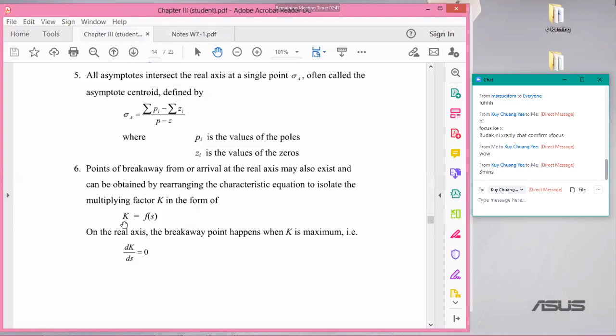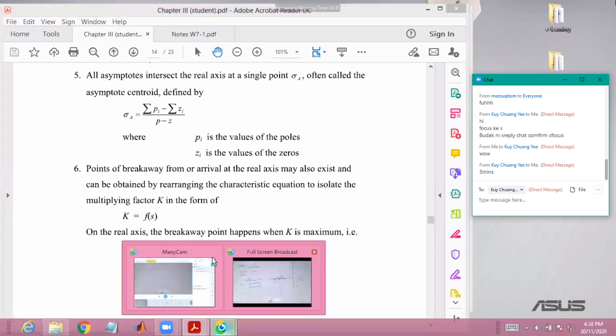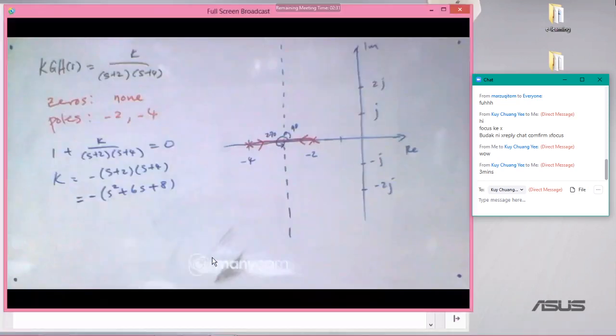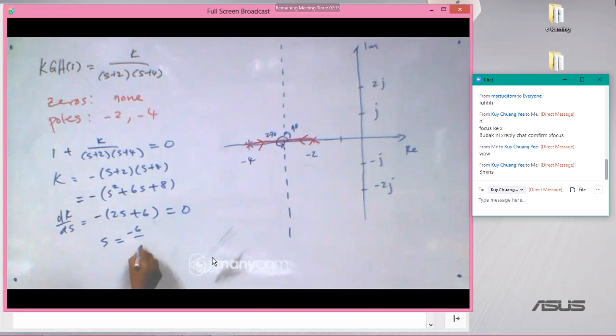Okay, so we need to rewrite the characteristic equation as k equal to some function of s, and then we need to differentiate that function. Okay, so now we obtain the breakaway point.